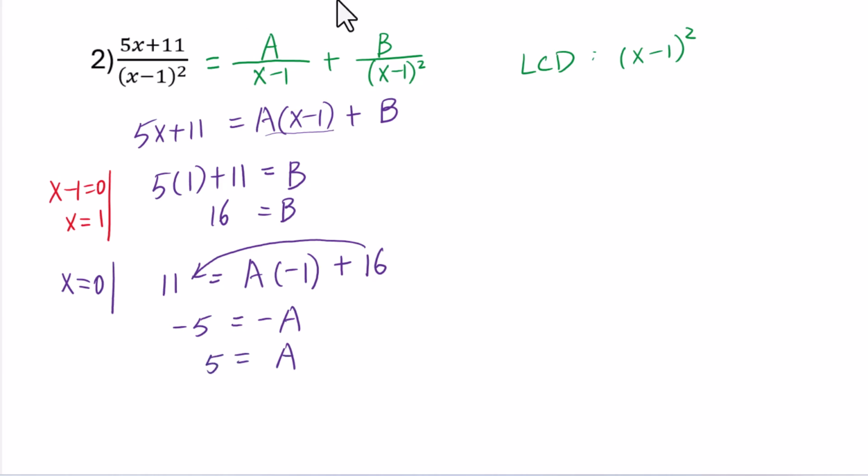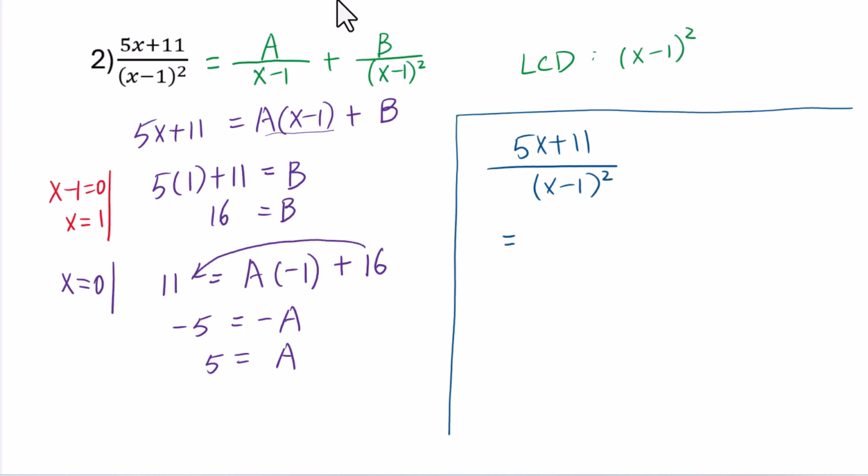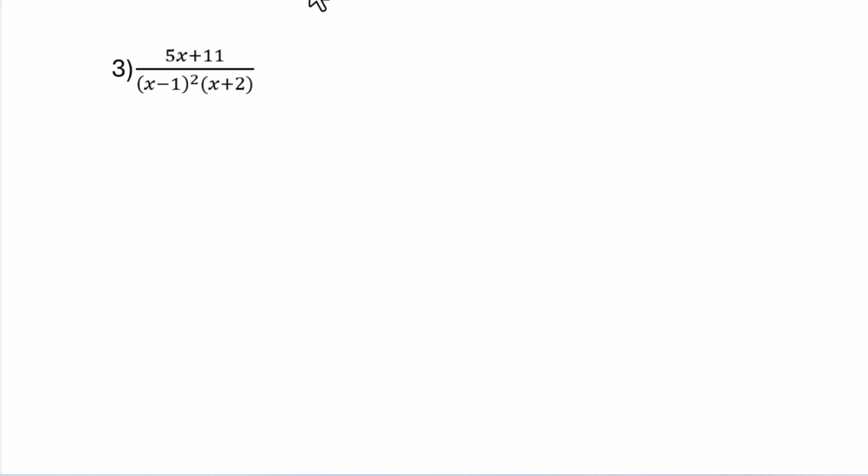Which means 5x plus 11 over x minus 1 squared equals, substitute 5 for a, 5 over x minus 1 plus b is 16 over x minus 1 squared. Let's go to question 3.